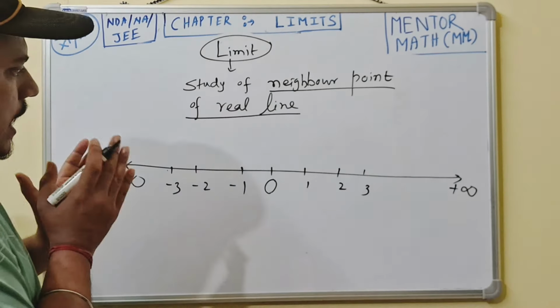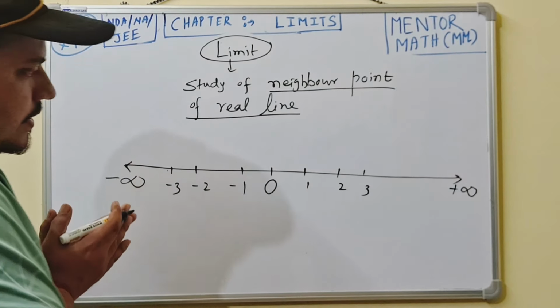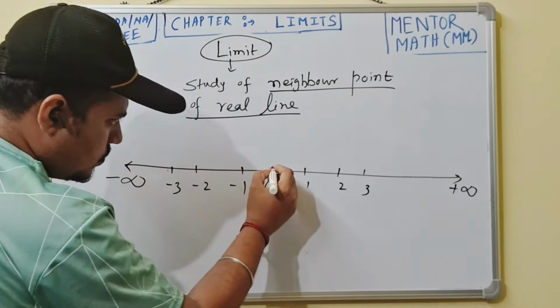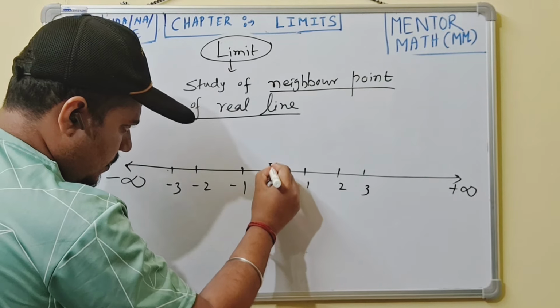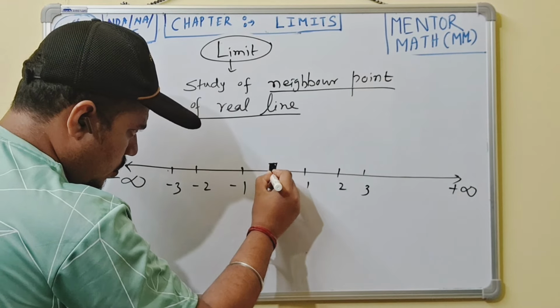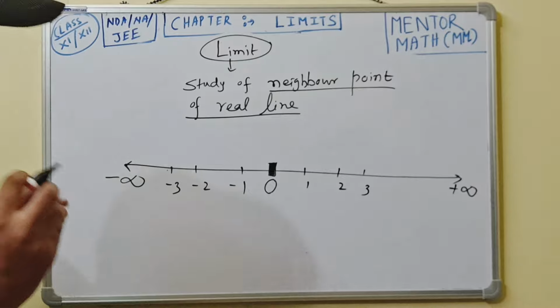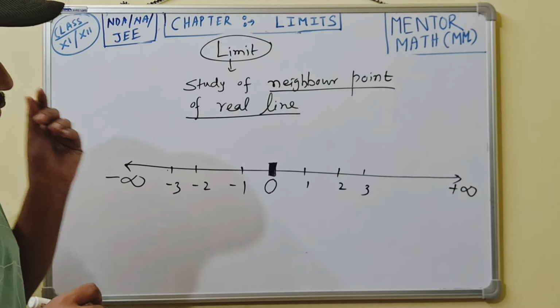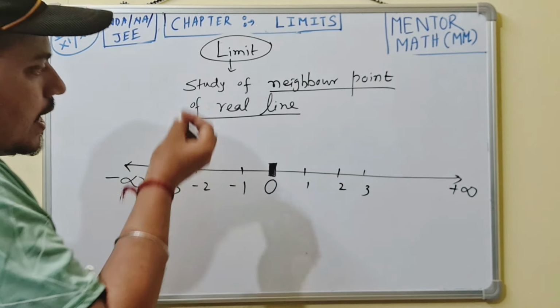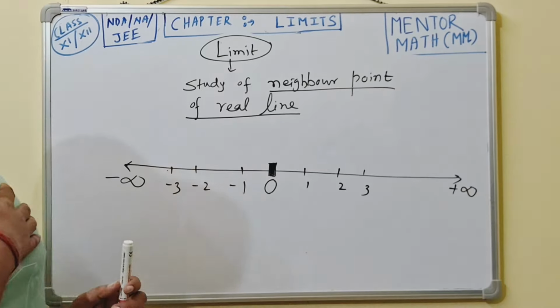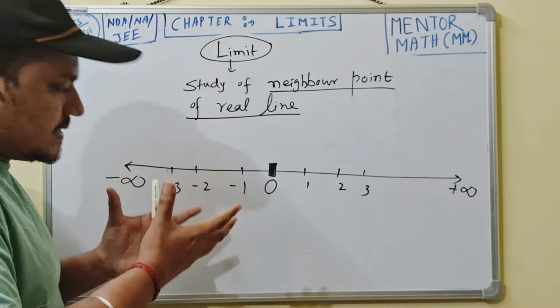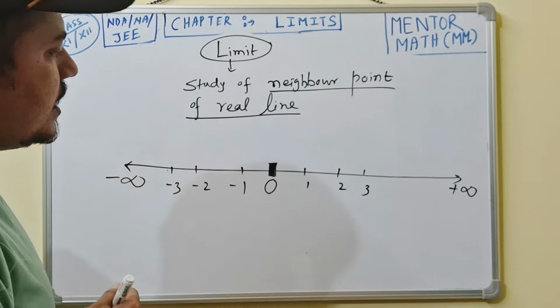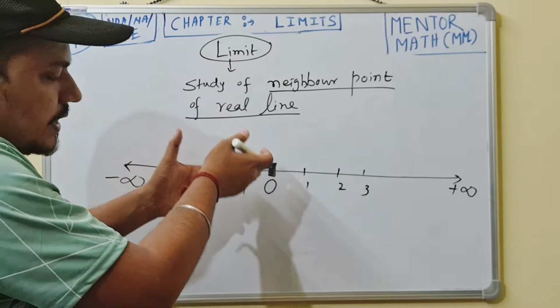Now let us take the point 0. We have to check the neighbor points of 0. How many types of neighbors are there?